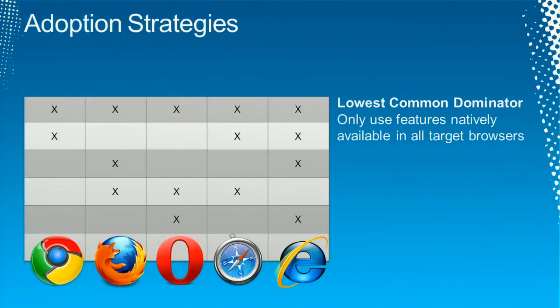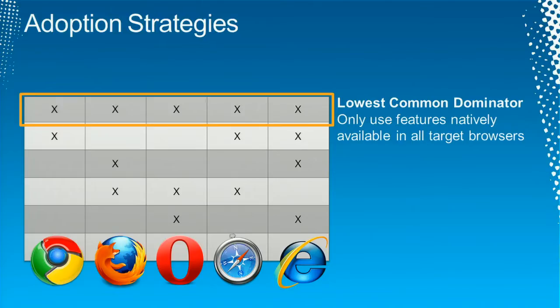So in this case, we have a matrix of the various browsers that you might be targeting. And I have just an ambiguous matrix of features that they may or may not support. It really doesn't matter what this is. And the only features I might target in the lowest common denominator approach are that top bar of features, the ones that are in all browsers. Unfortunately, with this strategy, what this tends to mean in today's development is that you're not going to be adopting much new stuff.